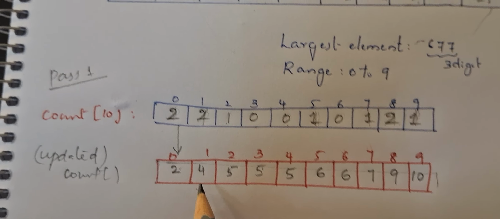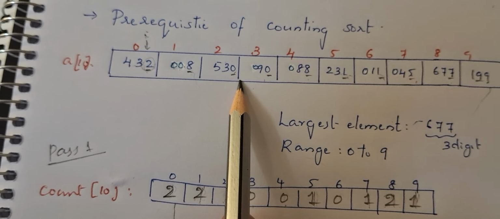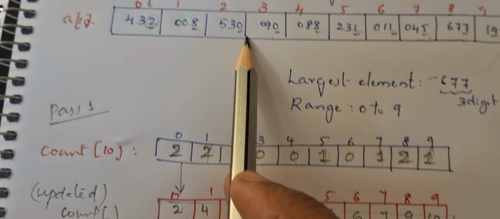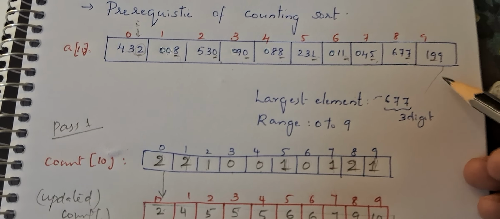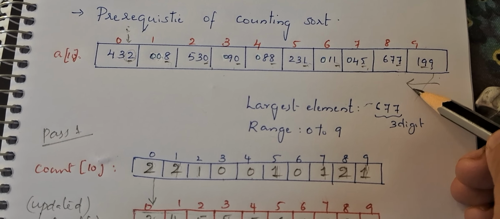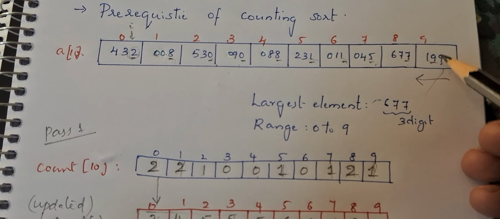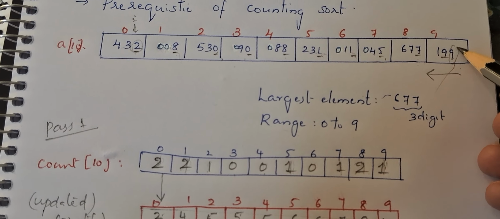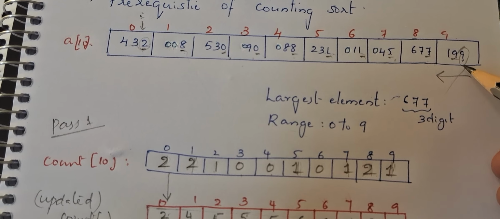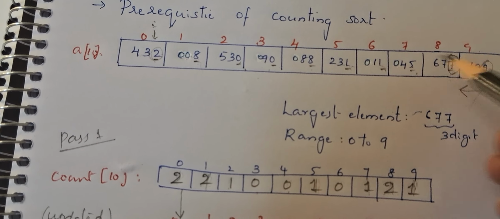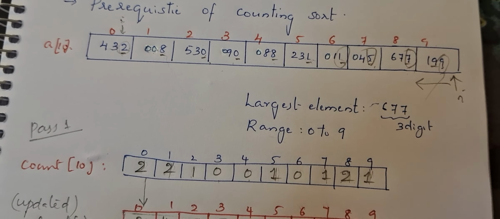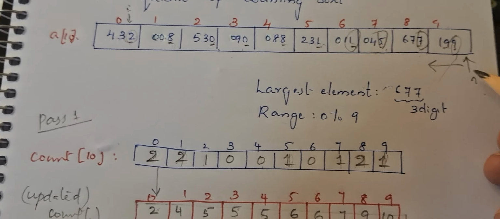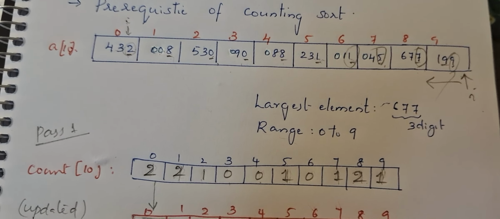Now we are going to take this updated count array and this particular array in order to perform sorting. Here, as in counting sort, we are traversing the array from right to left. In pass one we are taking the element in the LSB, like 9, 7, 5, 1 etc. So what is the value here?